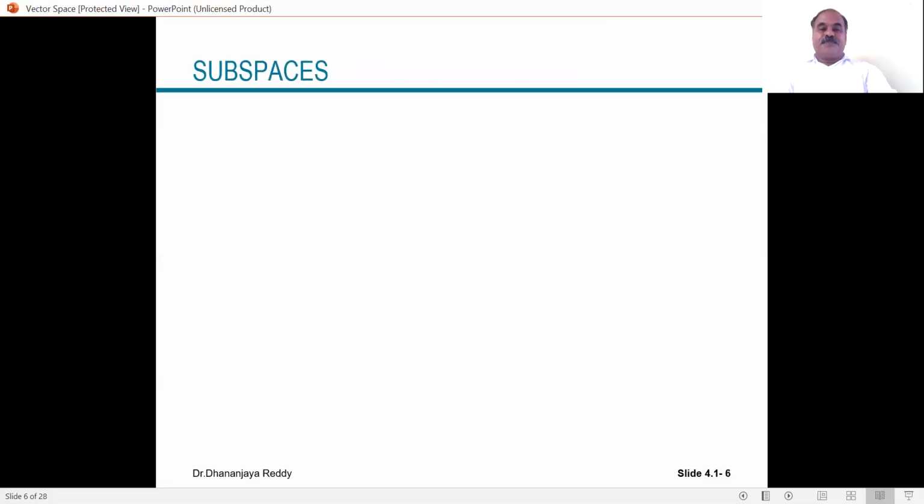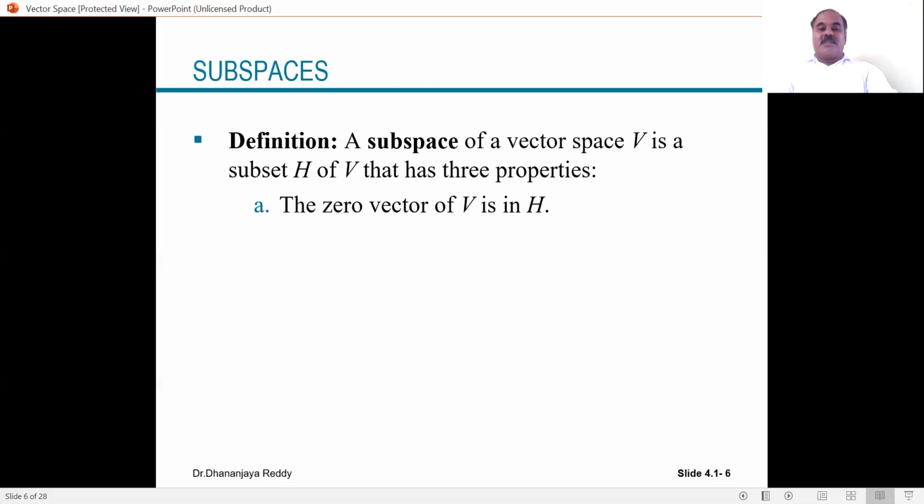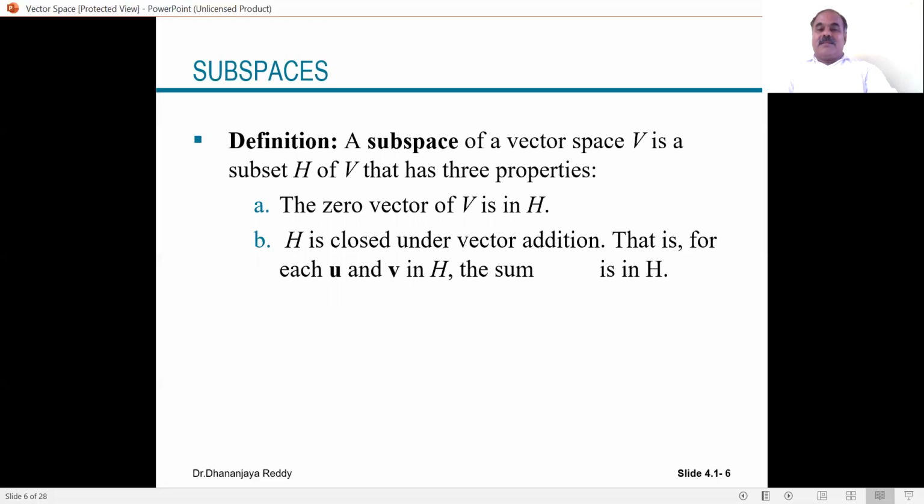Now let us go for what is subspace. Generally subspace we can take as capital H. If H is a subset of V, then it has the following properties. That is, zero of V is also in subset H. And H is closed under addition.